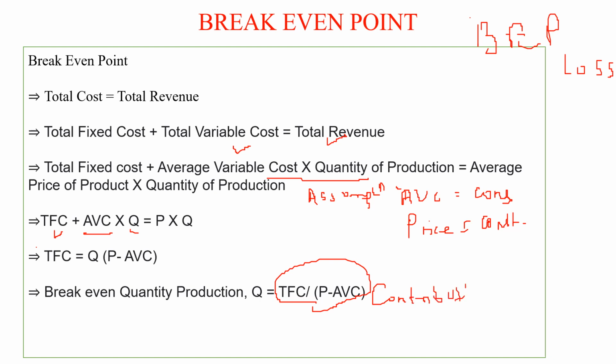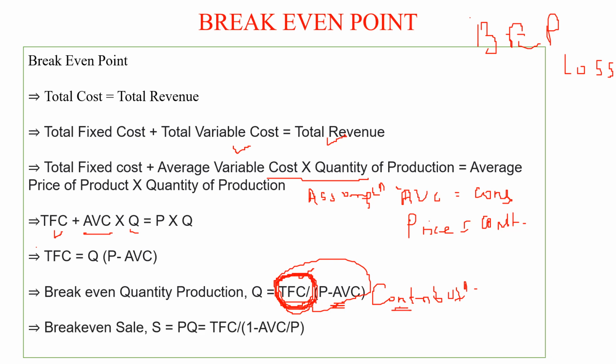Contribution means how many units need to be produced by an entrepreneur to overcome the total fixed cost. How much quantity you have to produce by which your overall total fixed cost will be covered up. That is called the contribution.